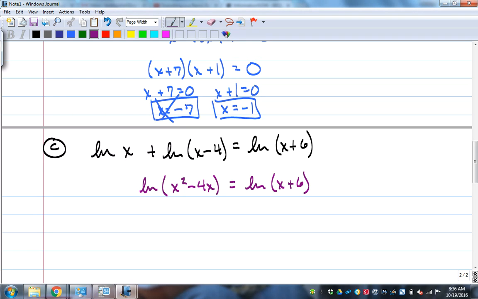Now, how do I get rid of a natural log? e. Remember, natural log is log base e. So I'm going to exponentiate with a base of e on this one. So that gives me the equation x squared minus 4x equals x plus 6.